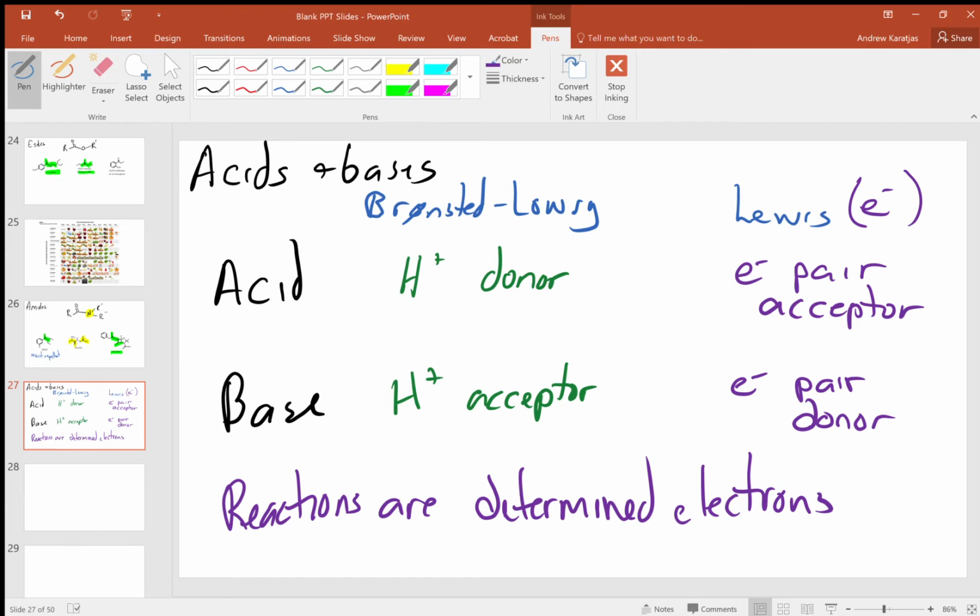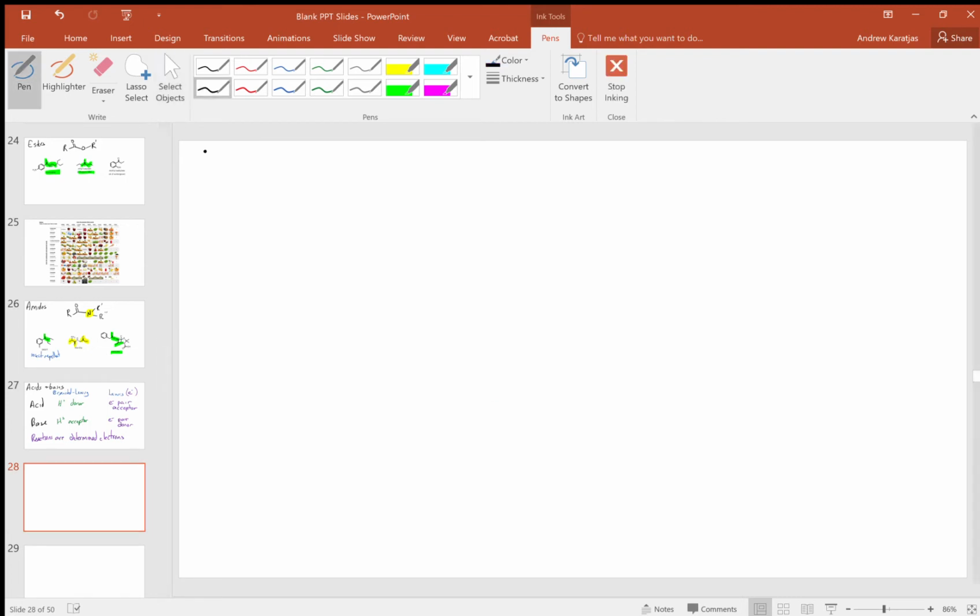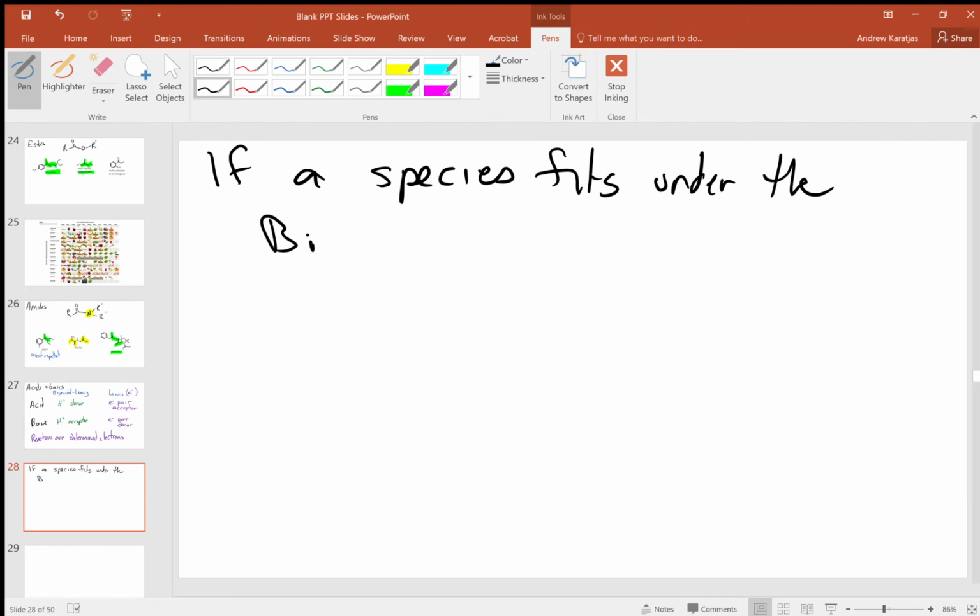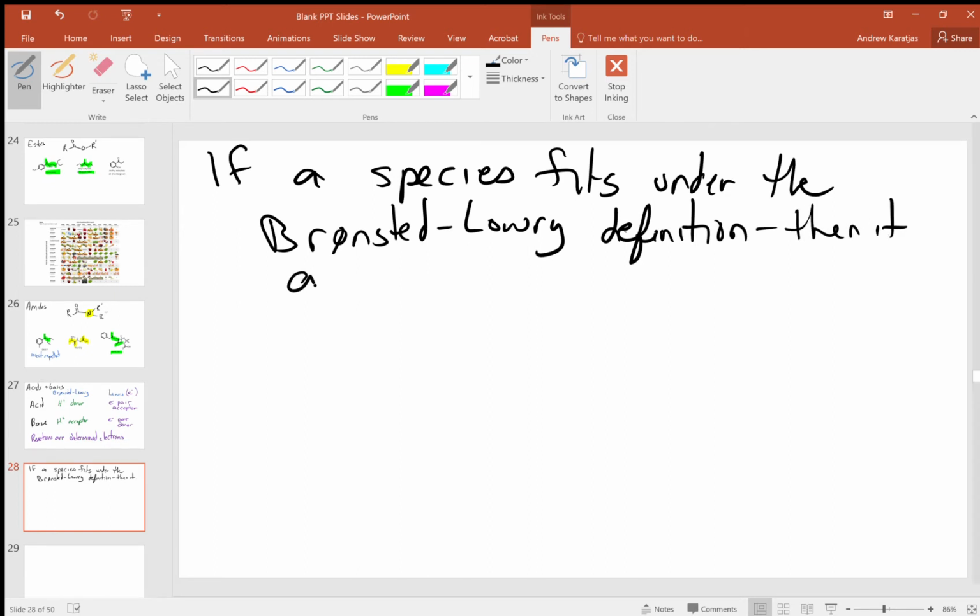Now, are these definitions 100% consistent? The answer to that is almost. If a compound fits under the Bronsted-Lowry definition, then it also fits Lewis.